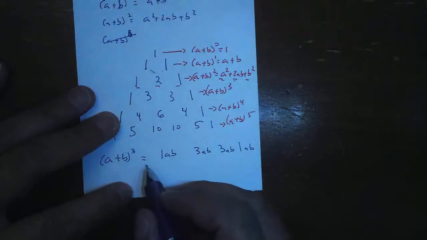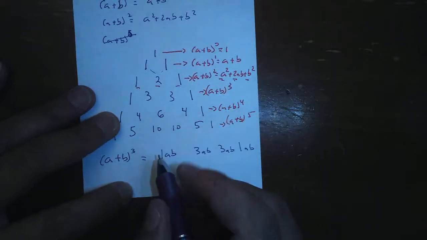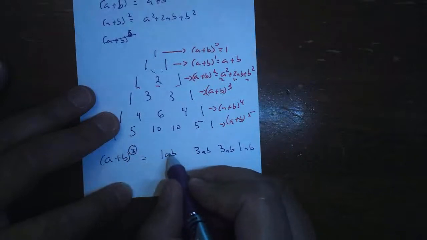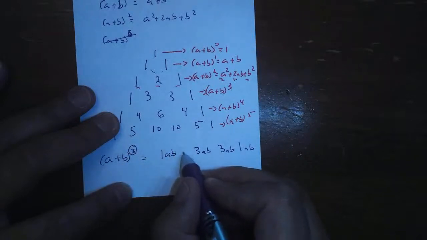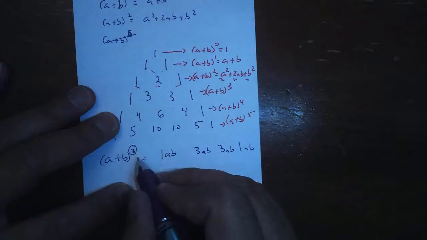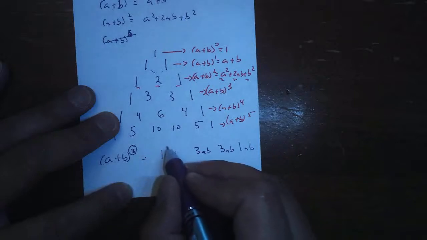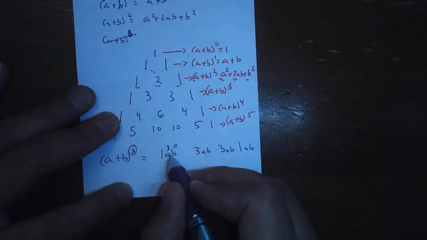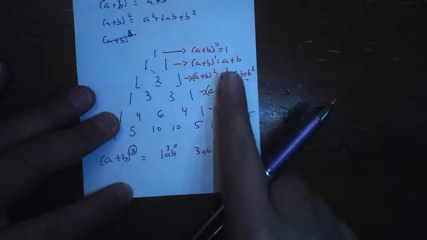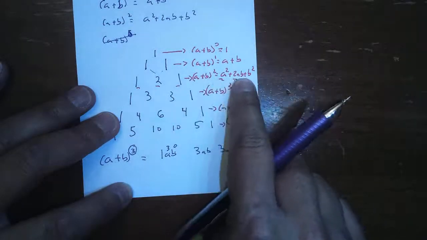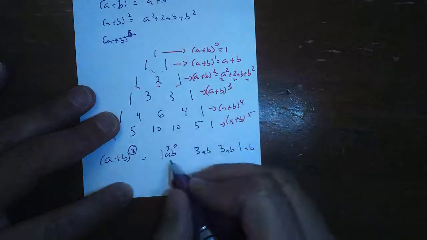The next part is a little more tricky. The degree here says that every single one of these terms has to add up to a degree of 3. For example, for this ab, if I add up their powers, it has to be 3. So this could become 3, 0. I start with 3 and 0, because when we expand it, it's really just a cubed. Then we get to the ab terms, and I just work down.